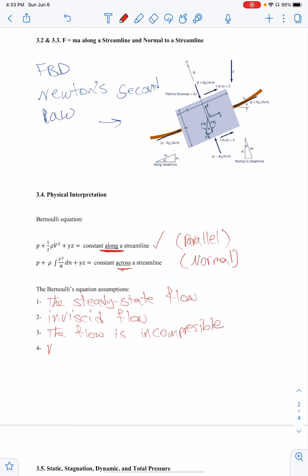And the last one, which I just talked about, is that it is valid along a streamline. We need to have all of these four assumptions, then we can use Bernoulli's equation. If we don't have any of them, we cannot use the Bernoulli equation. So just be careful about that.